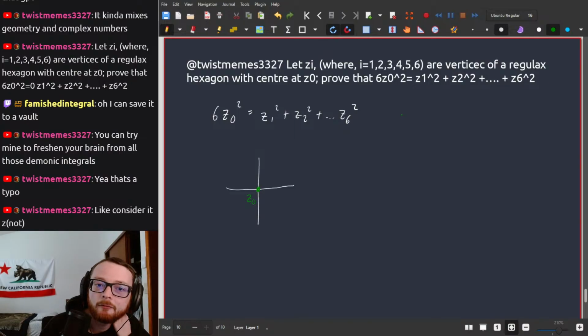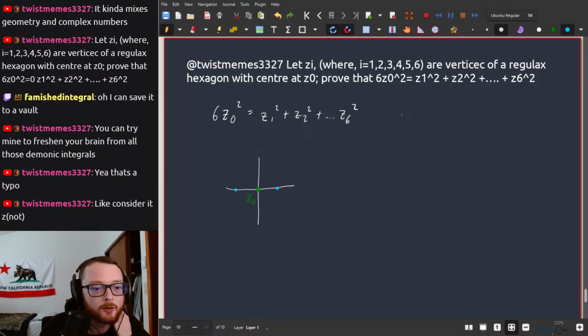And if we have the 6th roots of unity, wait, how would that look? We always have a point at +1. We should have a point at -1. Isn't it 2 up and 2 down? Yes, okay.